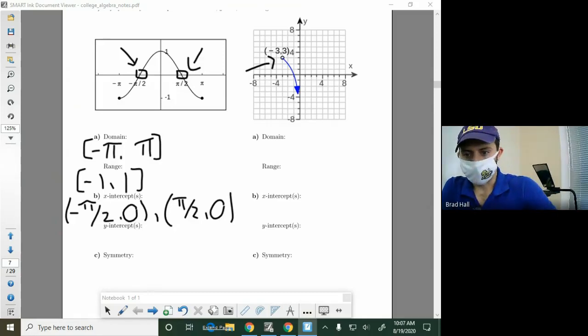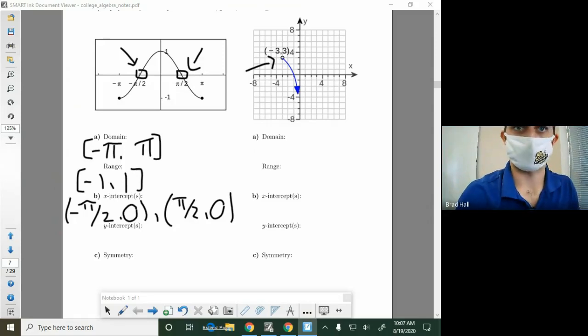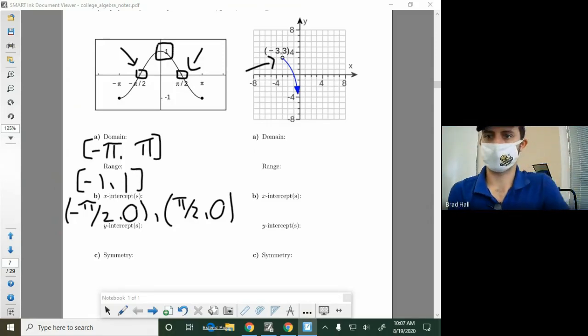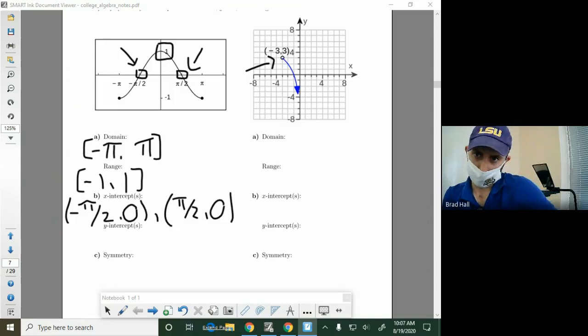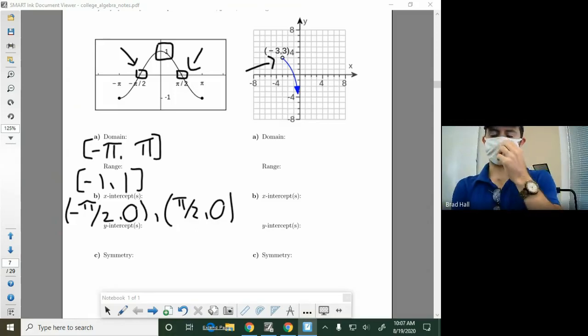The y-intercepts, I think that's pretty clear to see that the graph intersects the y-axis up here. That's where the graph intersects the y-axis. And we want to denote that using an ordered pair. So the ordered pair for that point, remember it's x first, then y second.